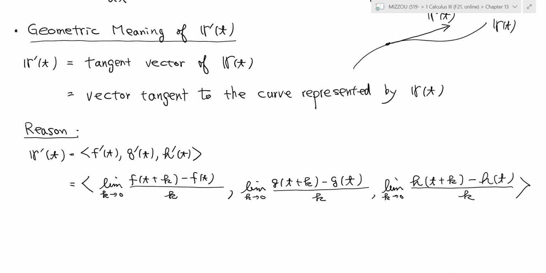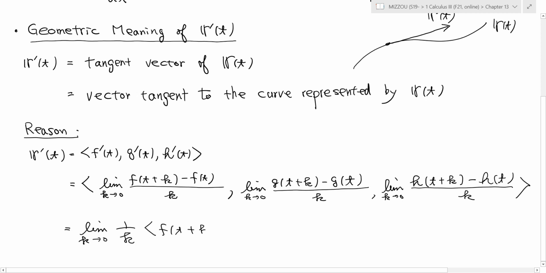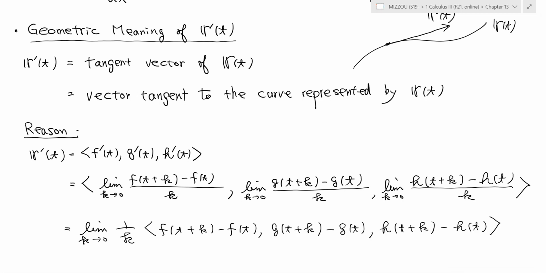Okay, then now, how could you write it down? Well, let's factor out the limit and 1 over k, and this is written as the limit as k goes to 0 of 1 over k times f of t plus k, and the same thing for the other components, like this.